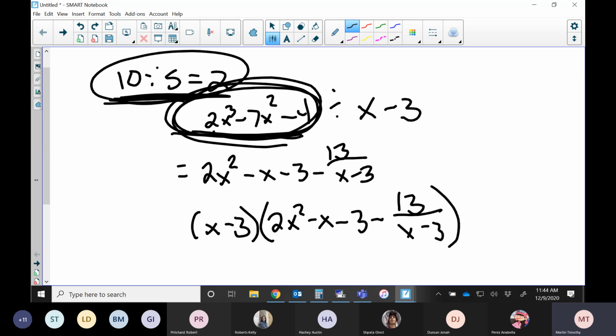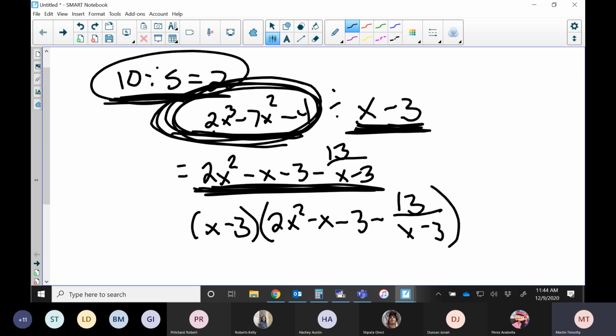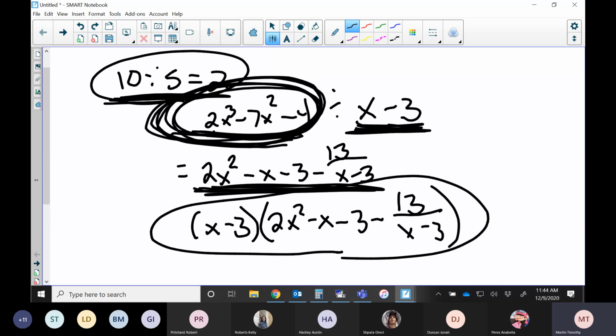If this divided by this is this answer, then this times this kicks me back to that, which means anytime I have this, I could rewrite it as the multiplication of those two things. Just like we said with 10 divided by 5 is 2.